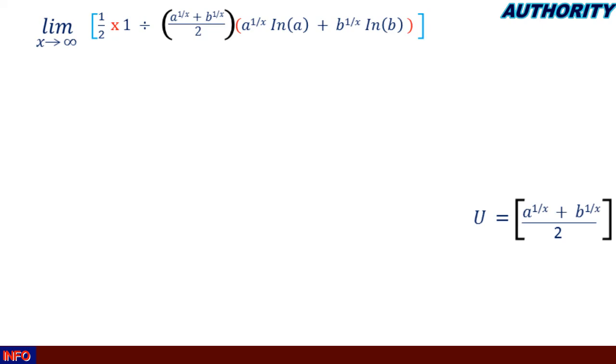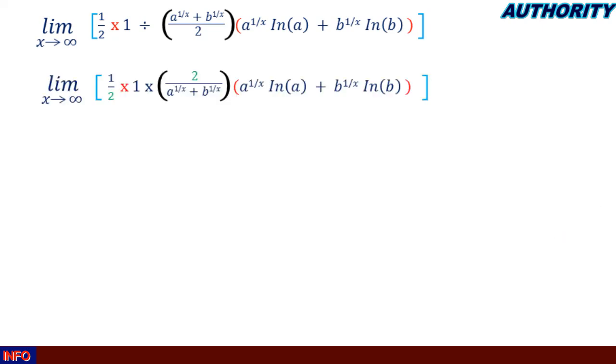Doing so, this is what we have: the limit as x approaches infinity of 1/2 times 1 times 2 all over (a^(1/x) + b^(1/x)), times a^(1/x) ln a + b^(1/x) ln b.